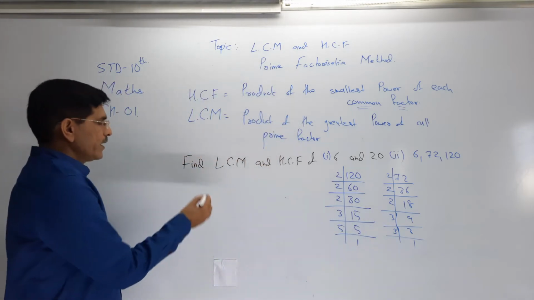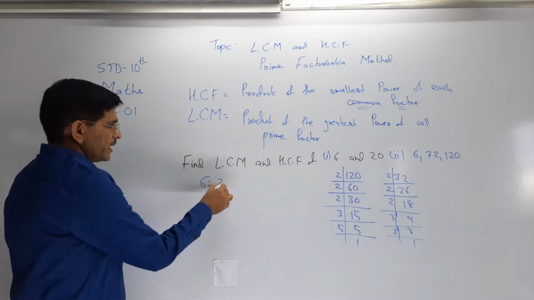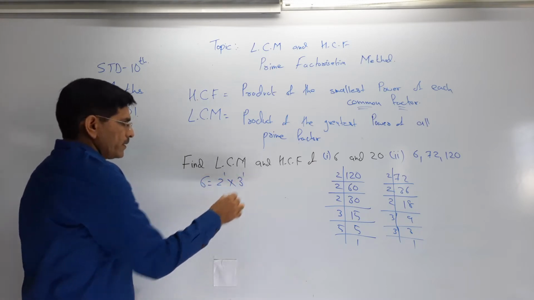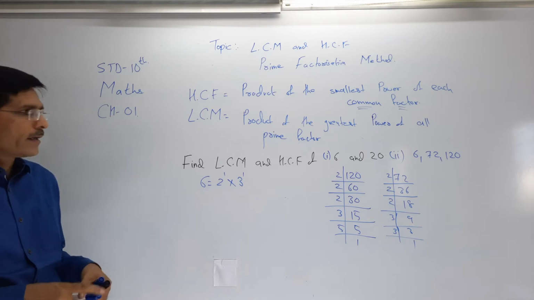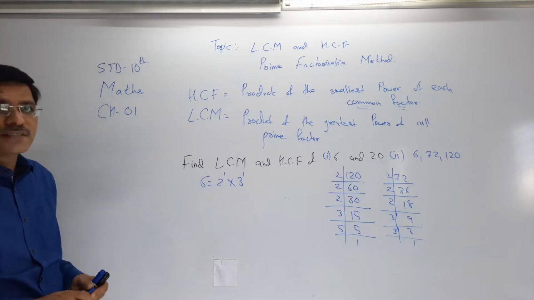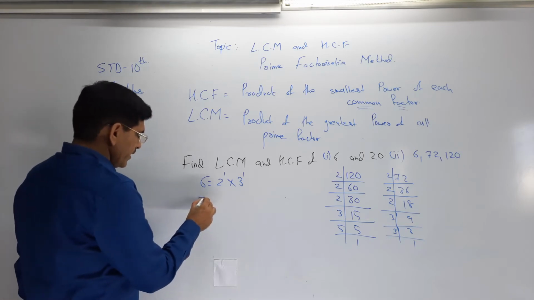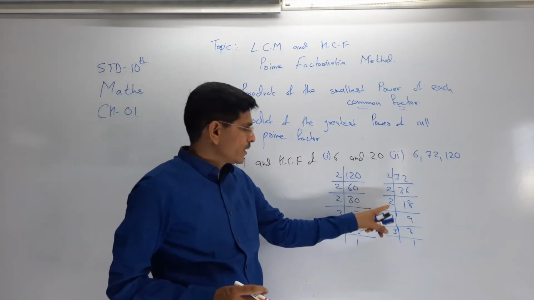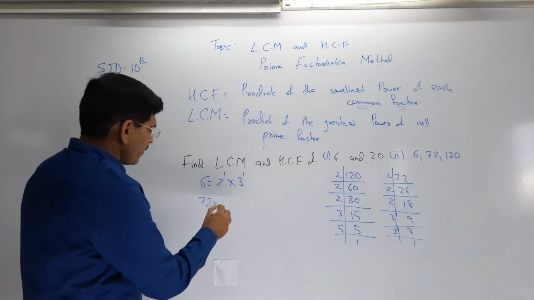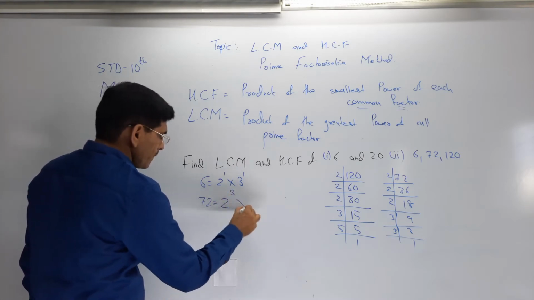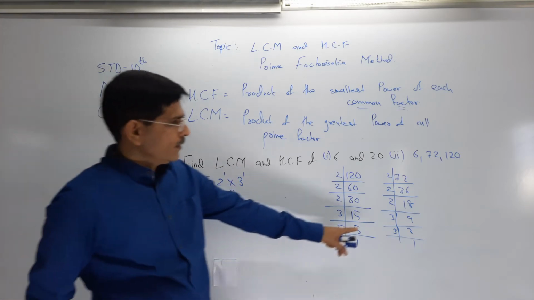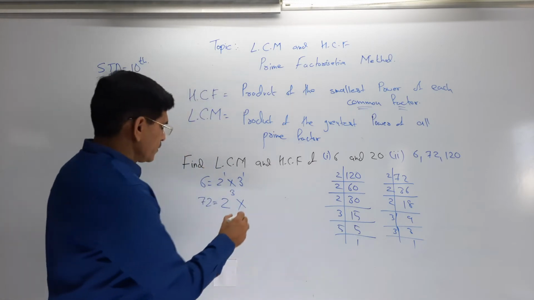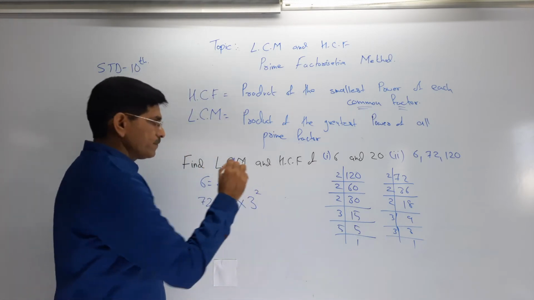So we already know the factors of 6: 2 to the power 1, 3 to the power 1. Now for 72: 2 three times, so 2 to the power 3, into 3 two times, so 3 to the power 2.